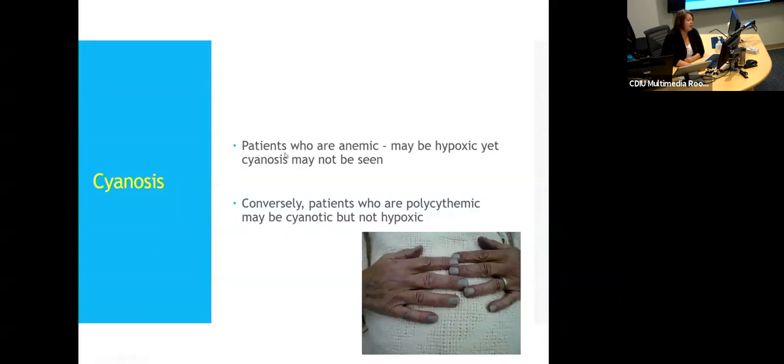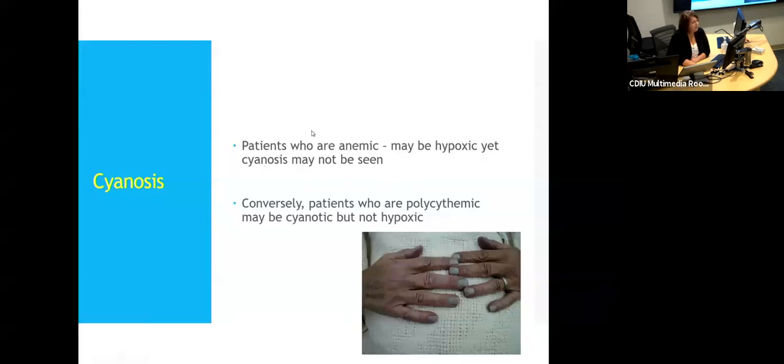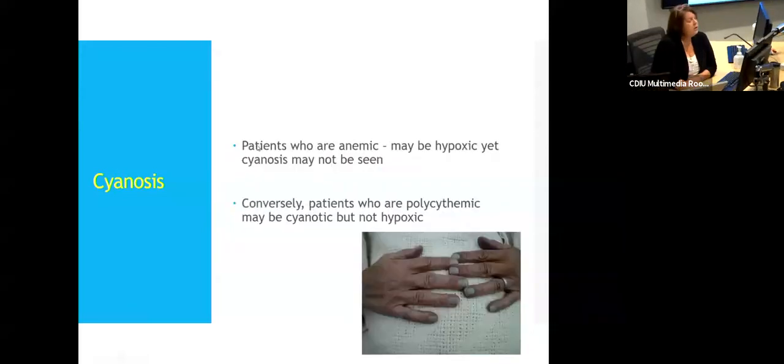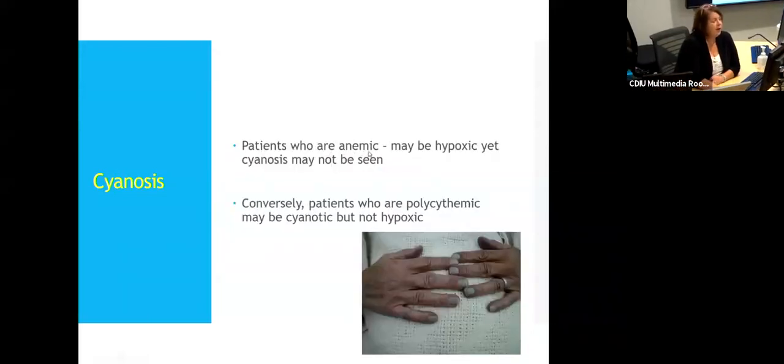With a reduced amount of O2 transportability, they may be hypoxic. Yet, because cyanosis, remember, is a percentage, patients who are anemic may be hypoxic, but you may not see initially how cyanotic they are. So they may not be presenting as blue, but they can be very hypoxic because they don't have enough O2 transport mechanism.